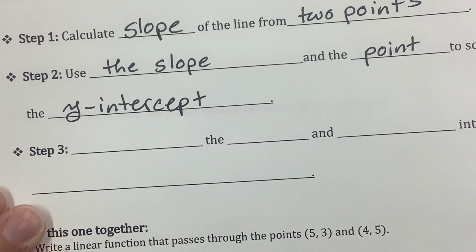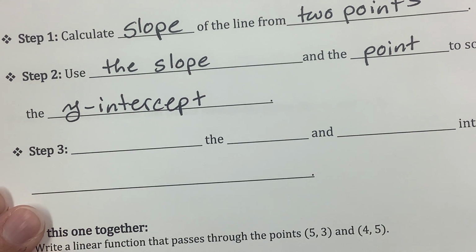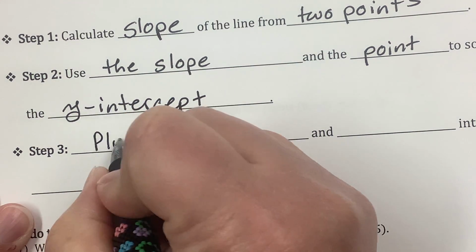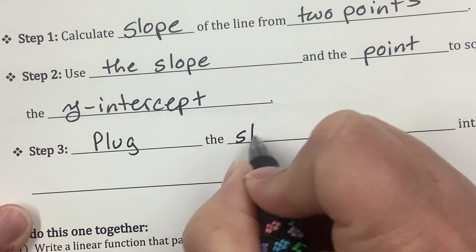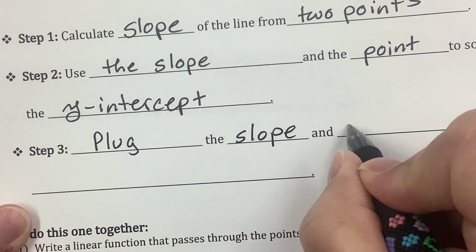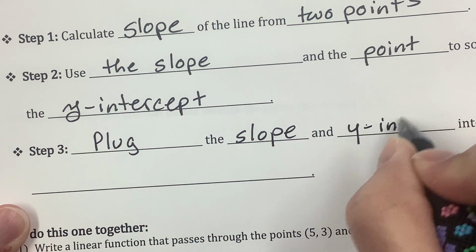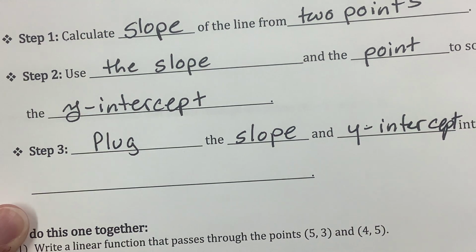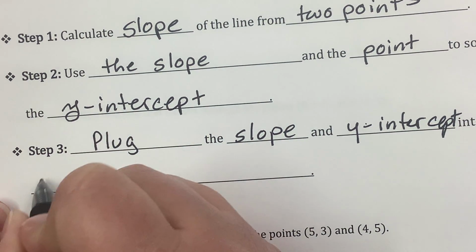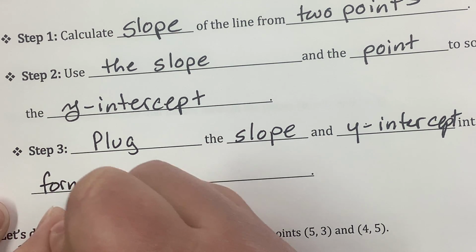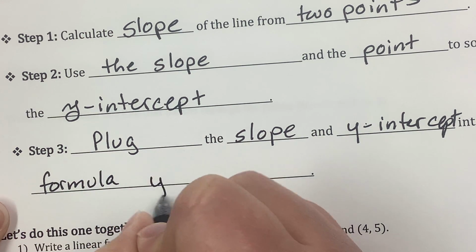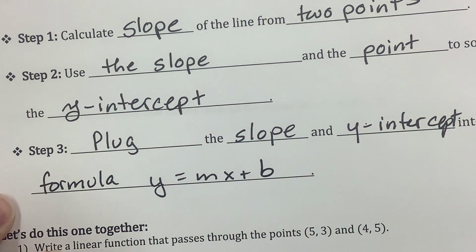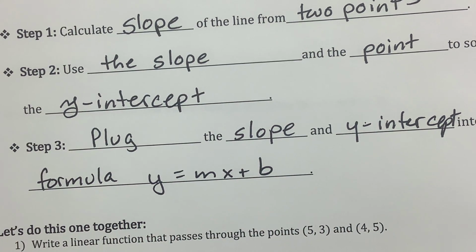Step 3: plug the slope and y-intercept into the formula y equals mx plus b. Okay, so not too horrible.